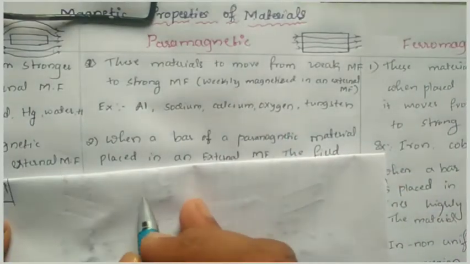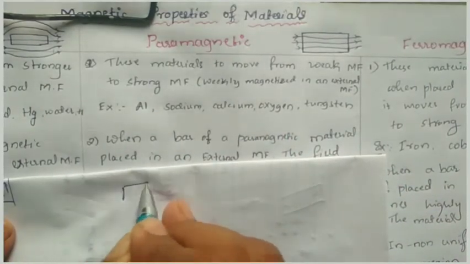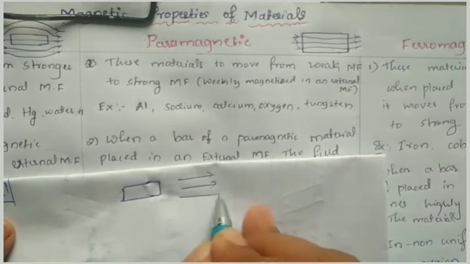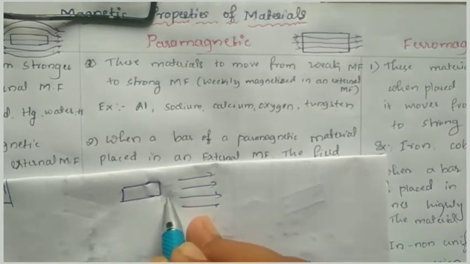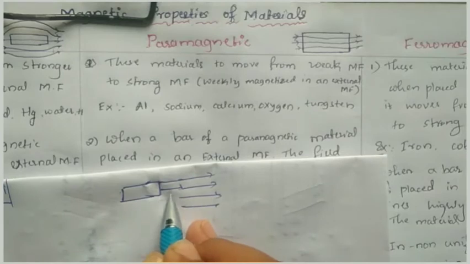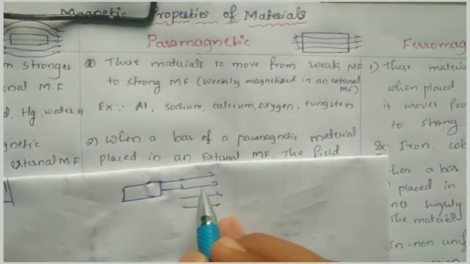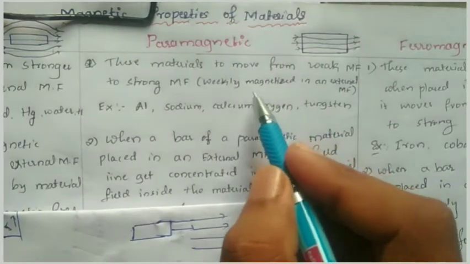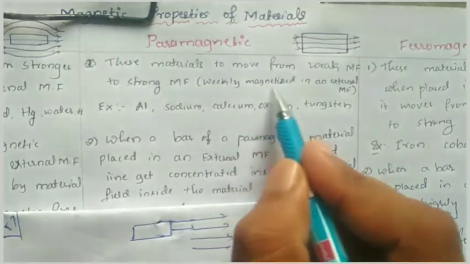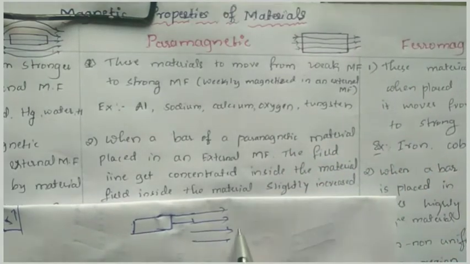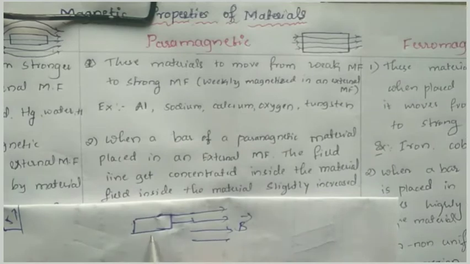When you take a ferromagnetic material near a magnetic field, it will move from weaker to stronger, meaning it will be attracted by the magnetic field lines. So it is weakly magnetized in an external field. When you place it in an external field, it will be weakly magnetized. This material is weakly magnetized.